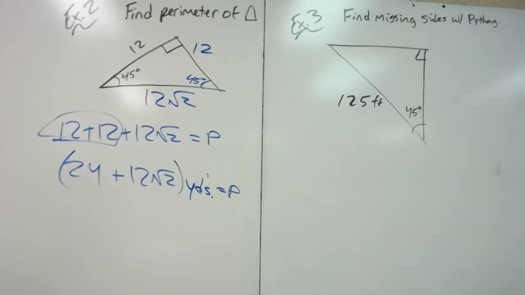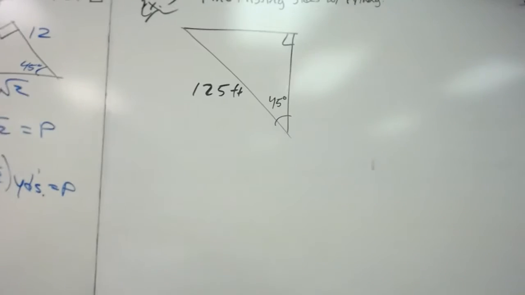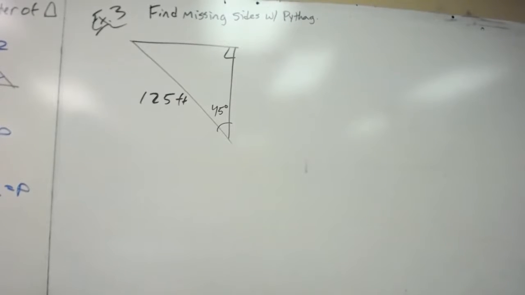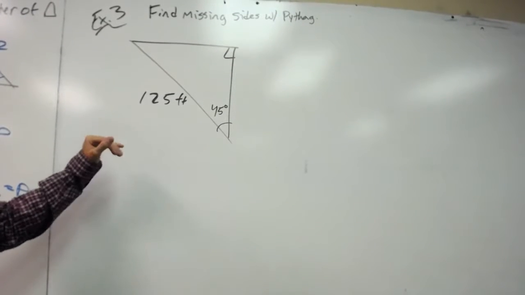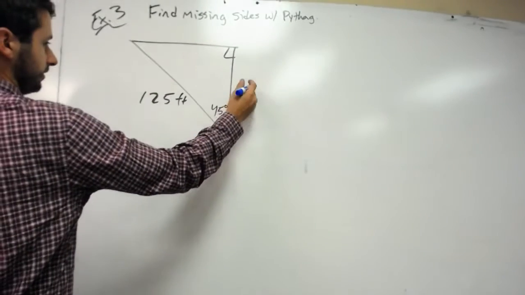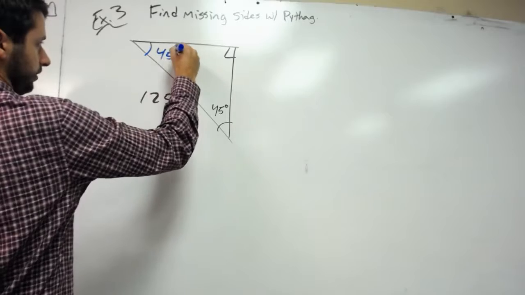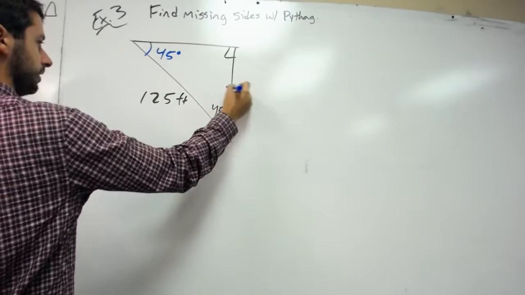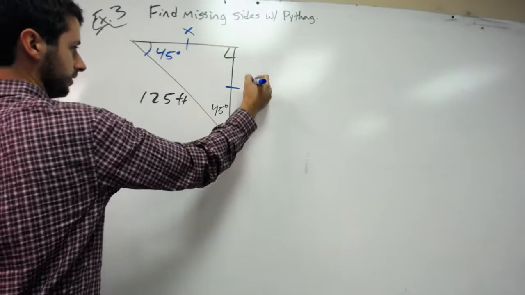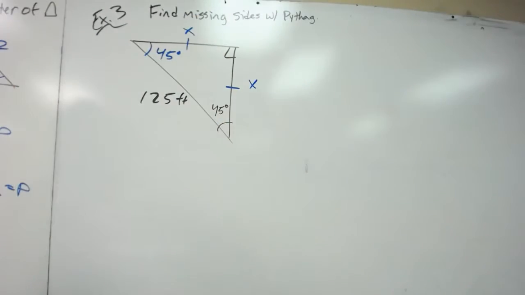Now, if you didn't want to use that formula, example 3 shows that you can still solve by using Pythagorean theorem. Now, I think the formula is easier and quicker, but I'll show you that Pythagorean theorem still works as well. Find the missing sides. 45, 45, 90 triangle. So both sides are congruent, so I can call this x, and that one has a value of x as well.